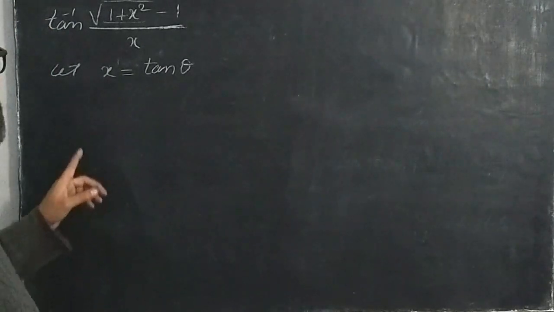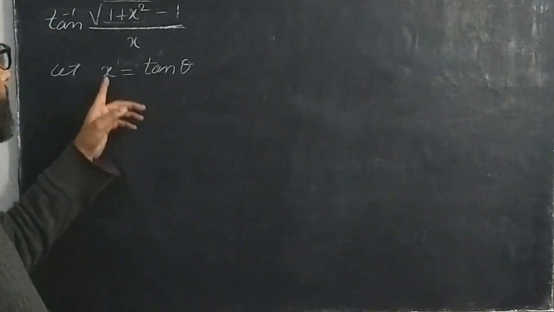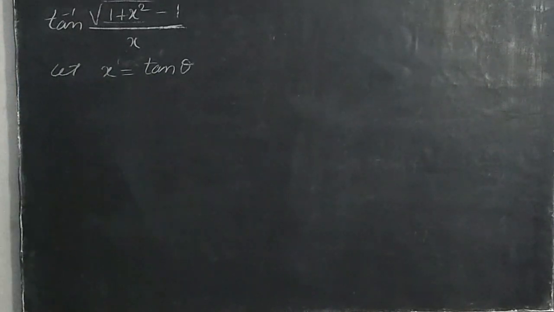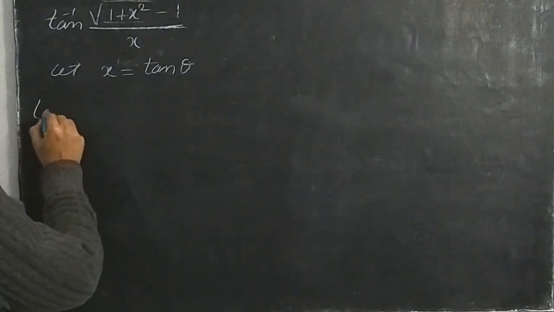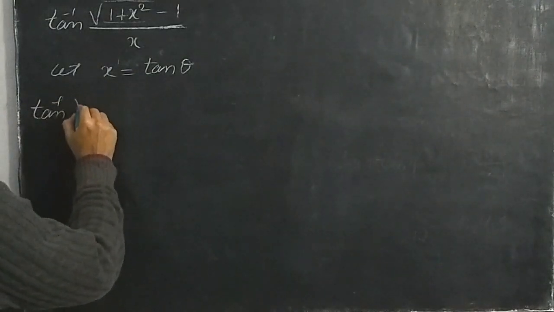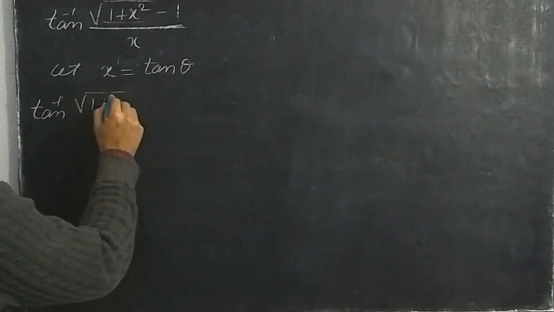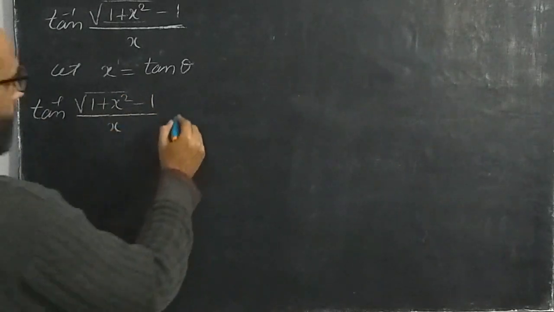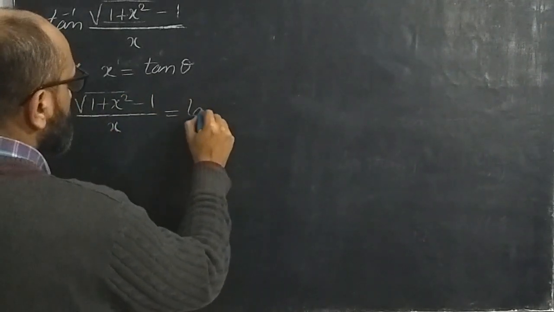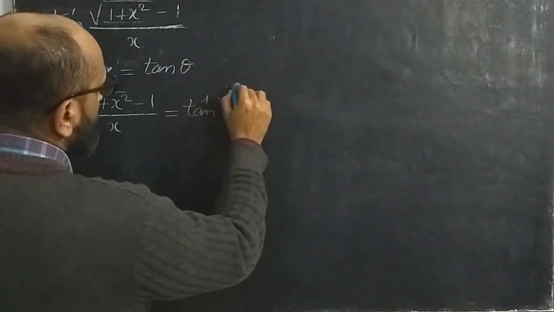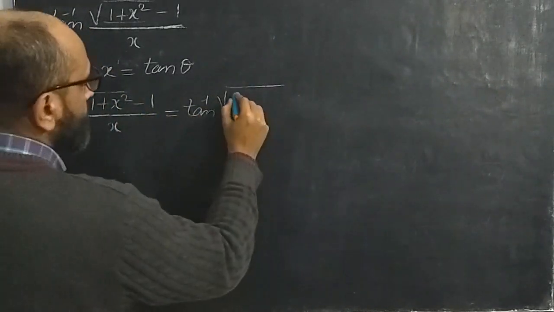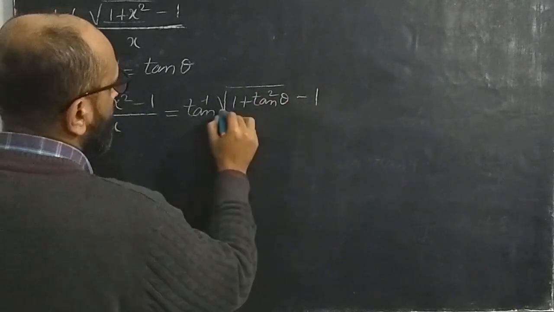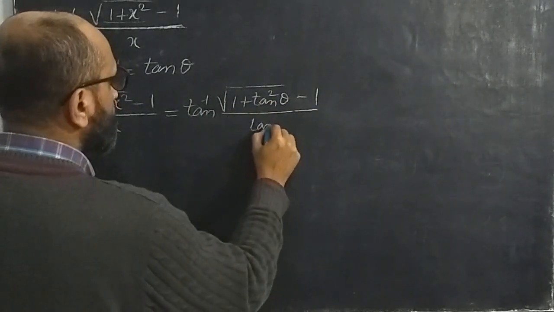So here we always substitute something for x. So here let x is equal to tan theta. So we see what happens. First we write the original expression as it is, and then we start substitution. Is equal to tan inverse under root 1 plus x square, that is 1 plus tan square theta, minus 1 upon tan theta.